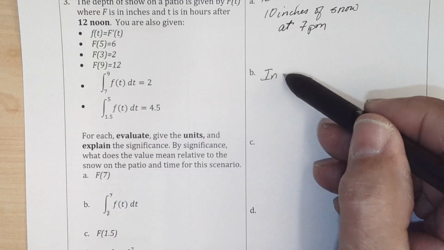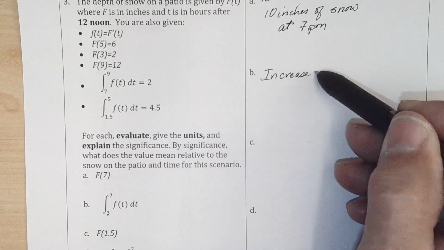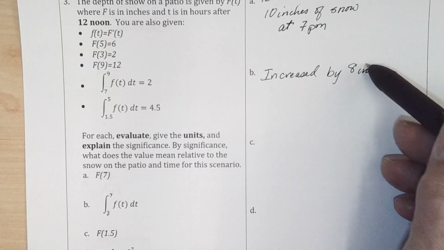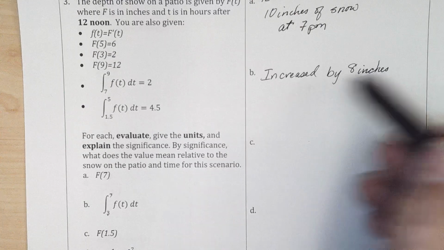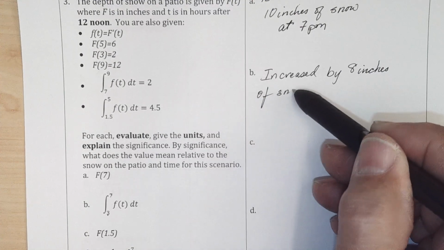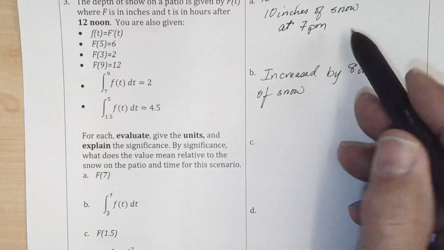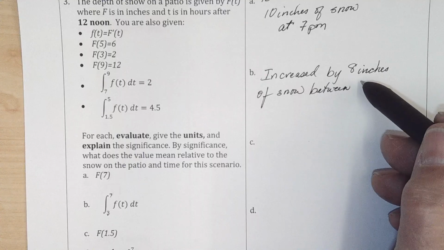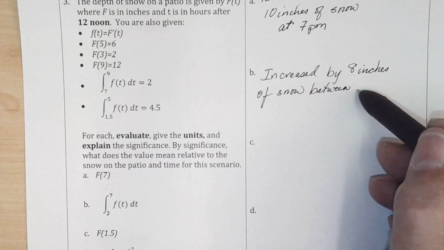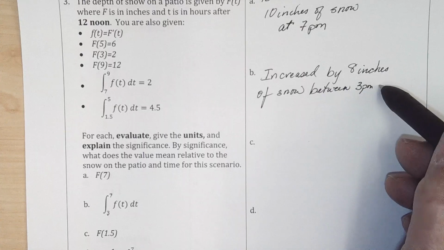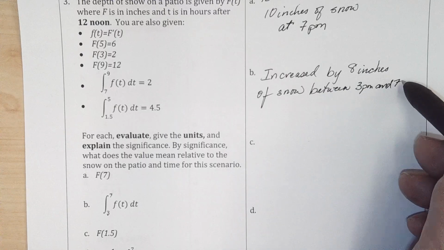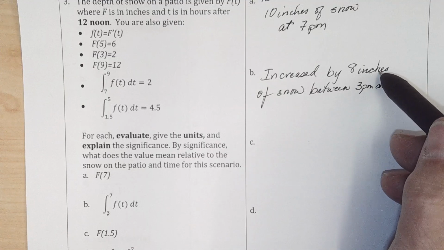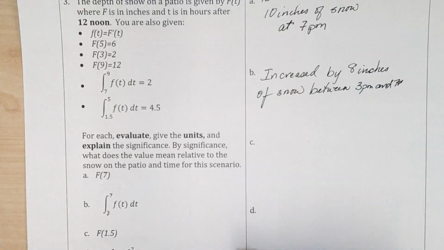It increased by 8 inches of snow between 3 p.m. and 7 p.m. Okay.